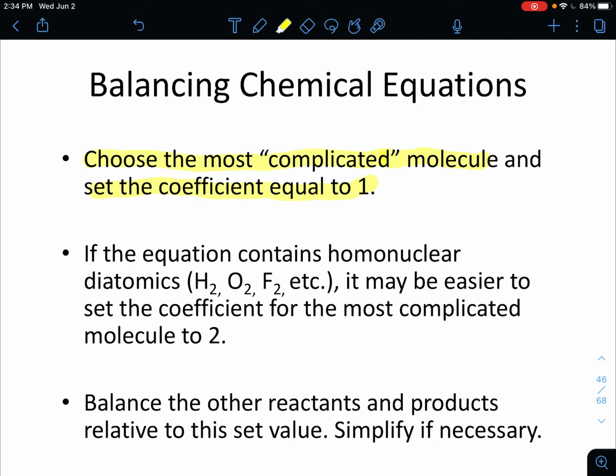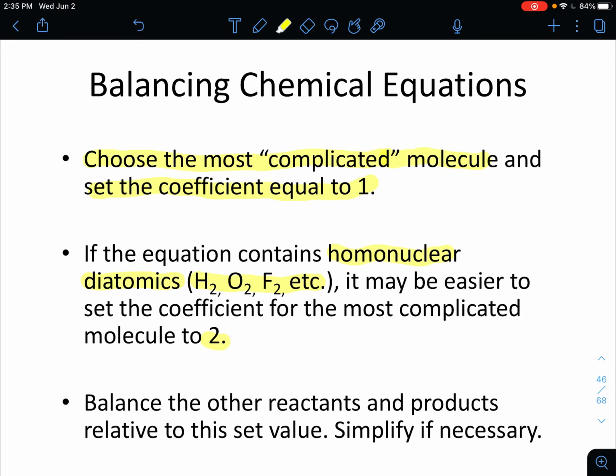Something to look out for, and this isn't a hard and fast rule, but look out for homonuclear diatomics like H2, O2, and F2, because those are things that are going to tell you that maybe you are going to need to start with a coefficient of 2 for your most complicated one, and from there everything else should fall into place.